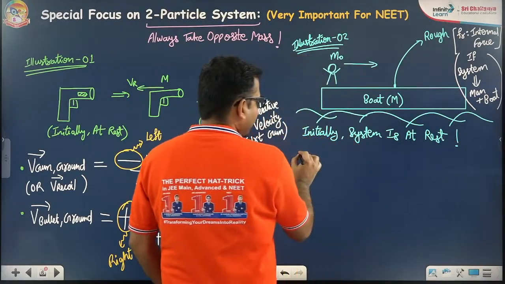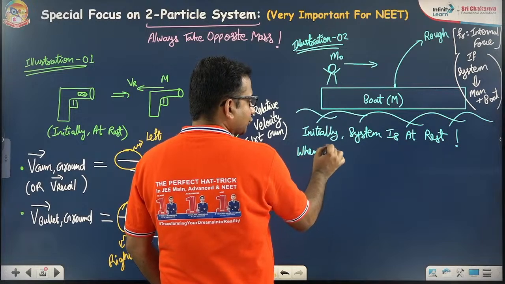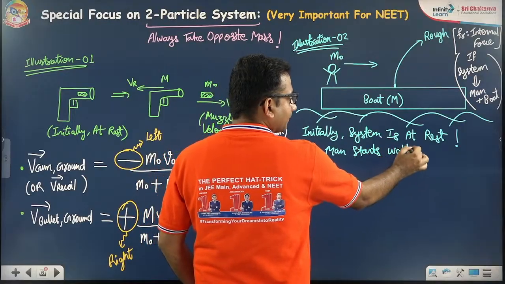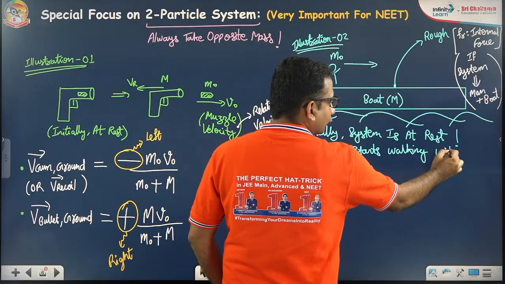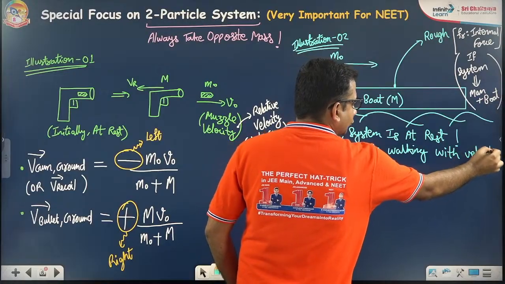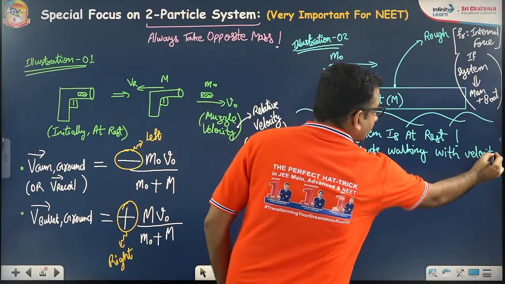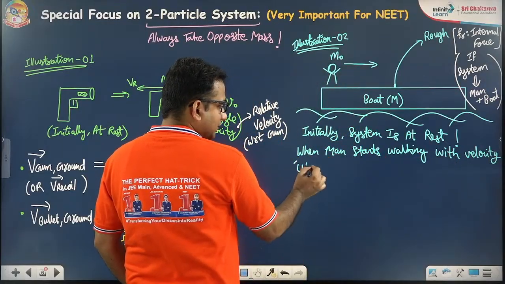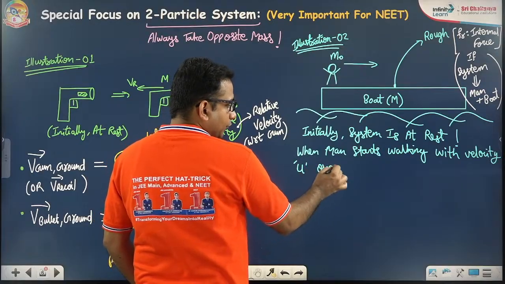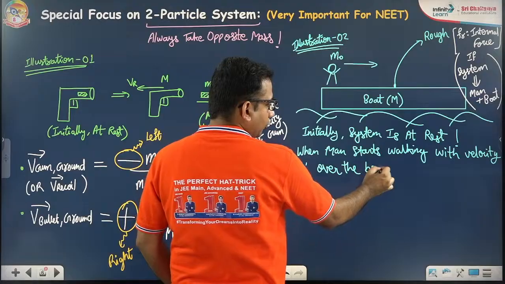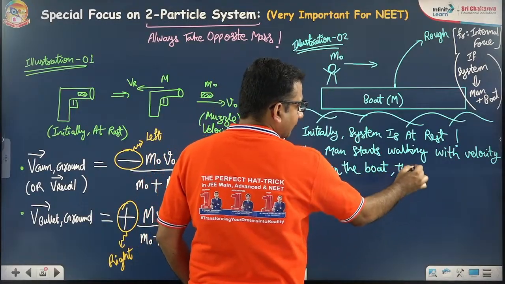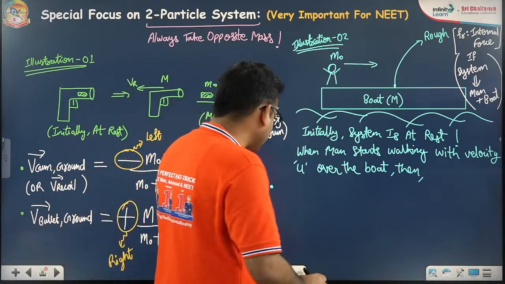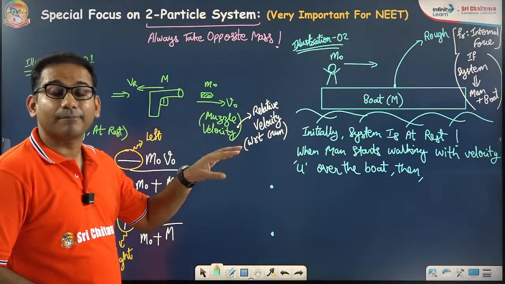Okay. When the man starts walking, see, I'm writing the entire situation in front of you. When the man starts walking with velocity u over the boat, or with respect to the boat, then they are asking you two things: the exact velocity of the boat with respect to ground and the exact velocity of the man with respect to ground.